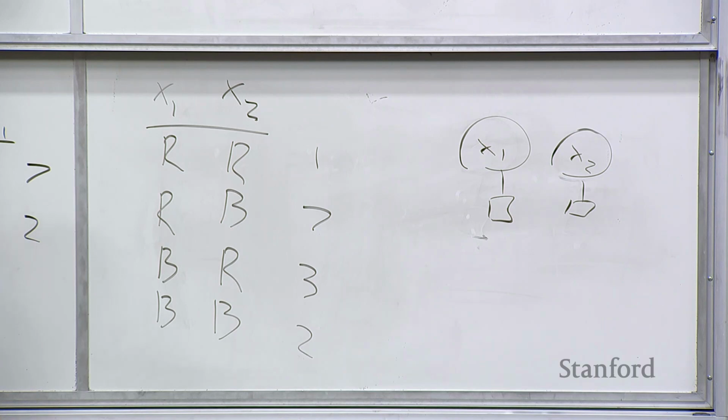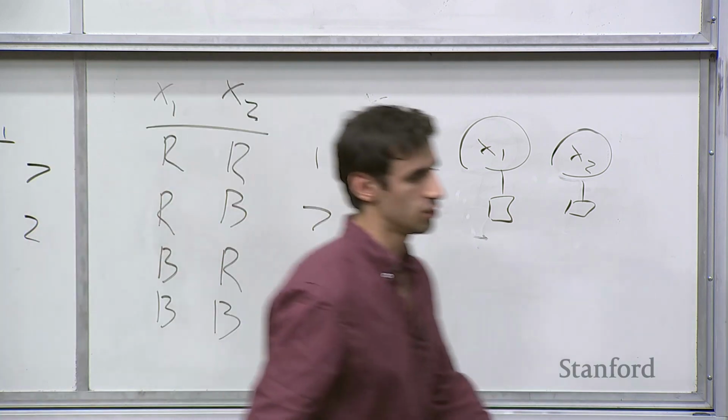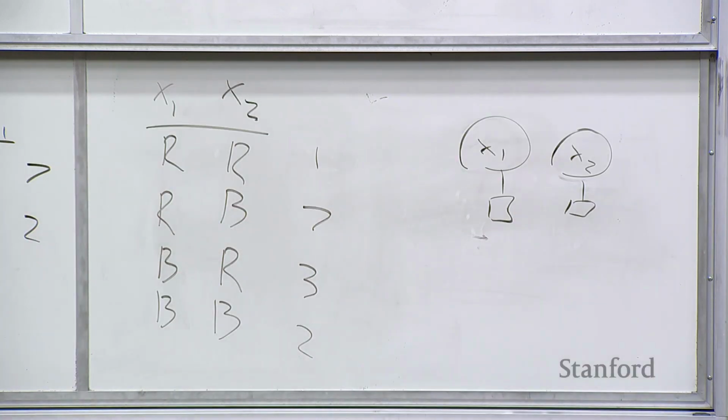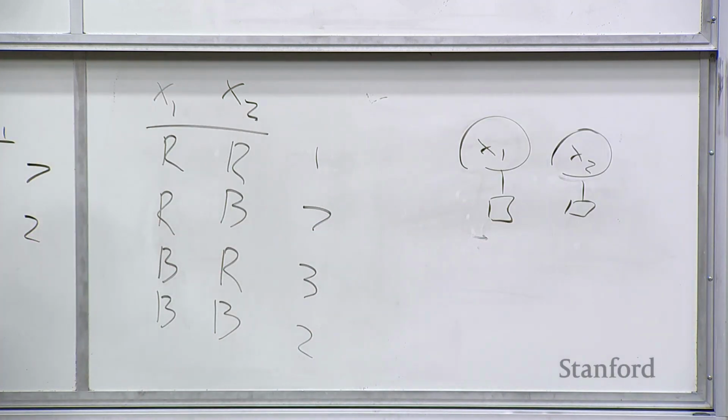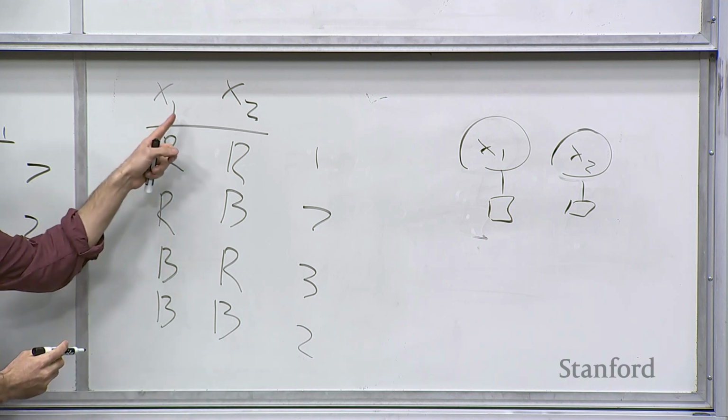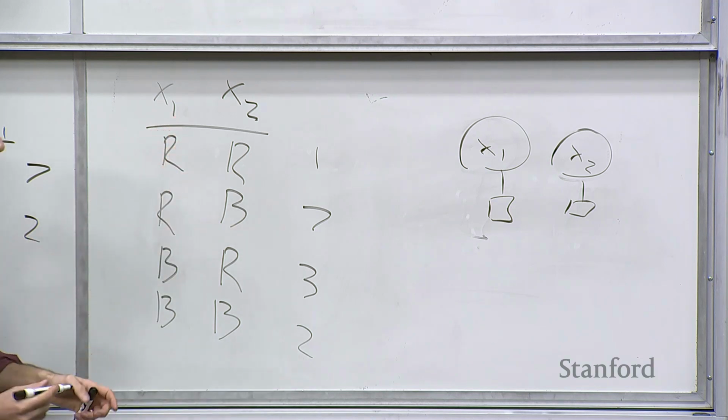Okay, so what elimination is going to do, when we condition, is internally optimize the value that we want to condition on based on the other arguments in that factor.